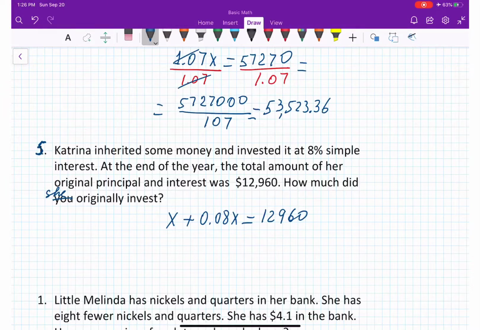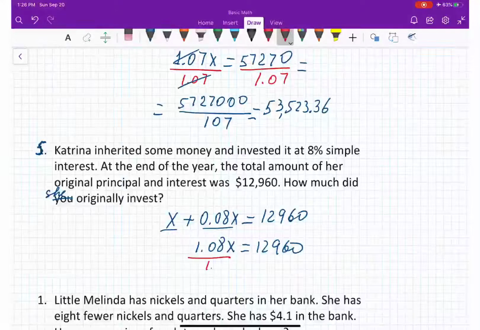So X plus 0.08x, like terms, is going to be 1.08x equal to 12,960. Next, we divide both sides by 1.08.